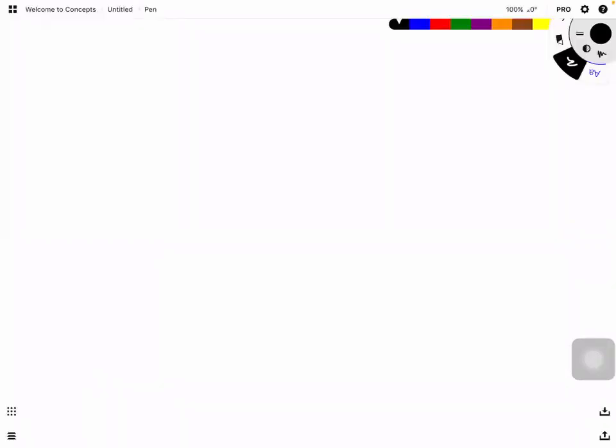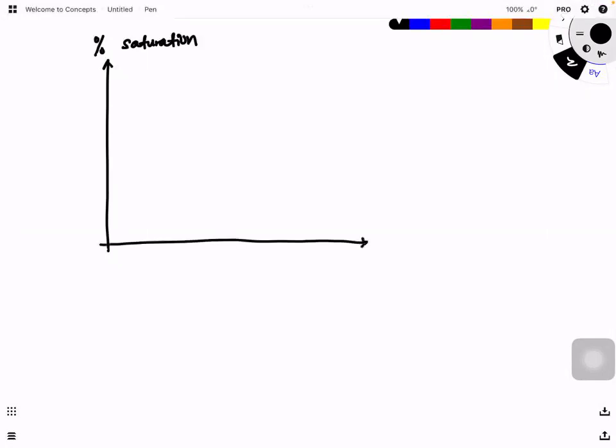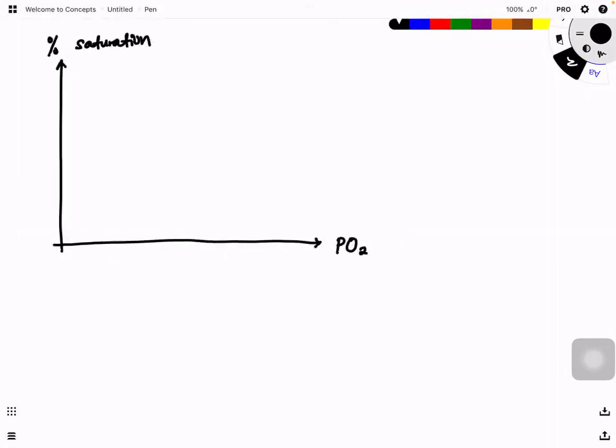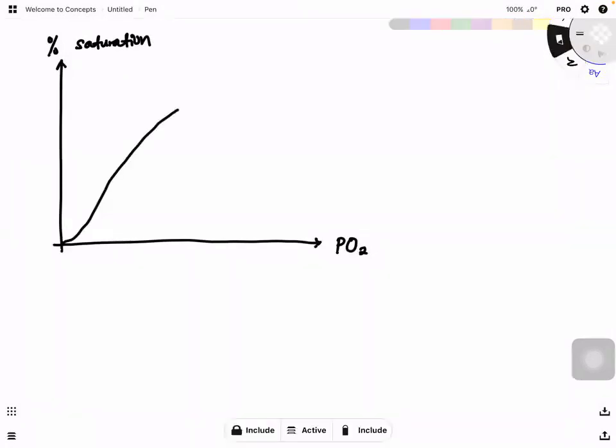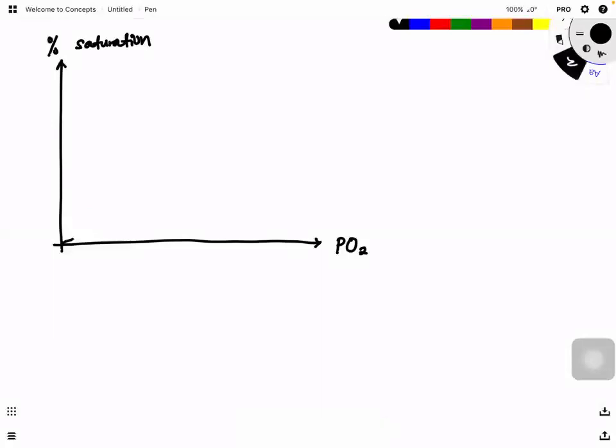So let us look at this Bohr effect. What Bohr effect, or Bohr shift, actually takes place? So if you look at this, this is percentage saturation. This is partial pressure of O2. And then we are going to have this graph. Sorry, I draw it again, not so sigmoid, make it more sigmoid.